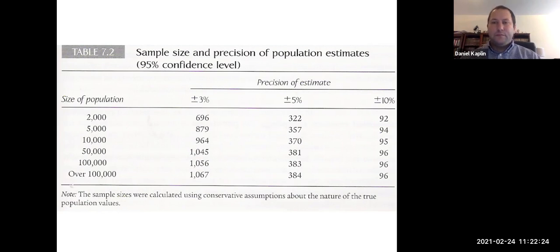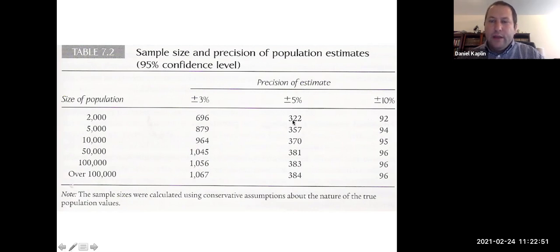Now, let's go across from right to left, not down. So let's take a population of 2,000, forgive me. If you wanted to have 95% confidence in your sample with a precision estimate of plus or minus 10%, you only need 92 participants.